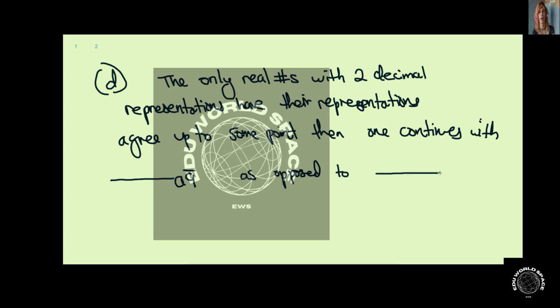So this is the part in which they agree, these blank spots right here. That's the part in which they agree up to some point. And then that number A is the first time that they split up, and the other one, instead of A, goes into some other number B, followed by infinitely many zeros. And here, B is just A plus 1.